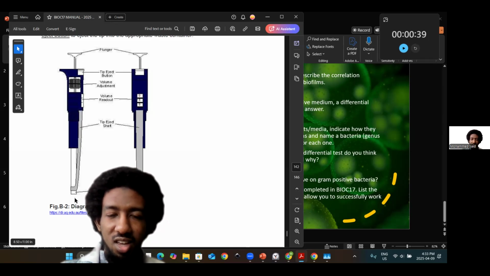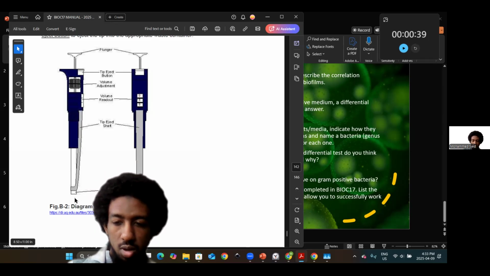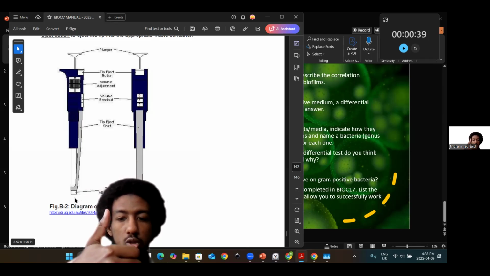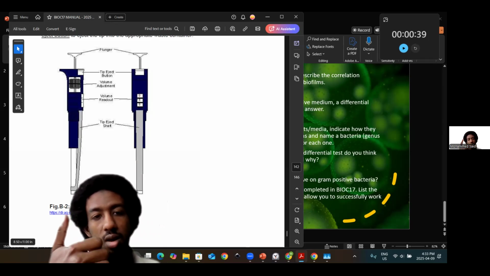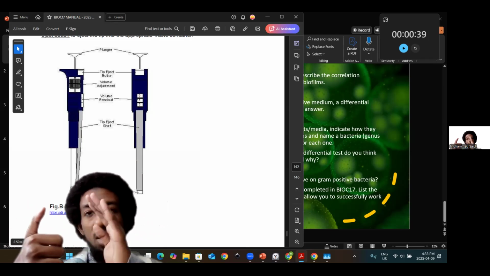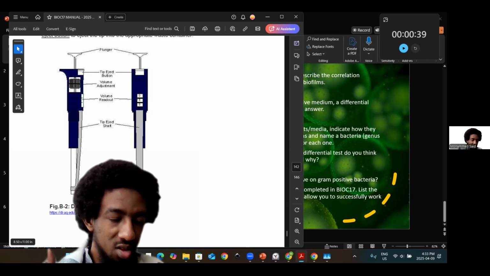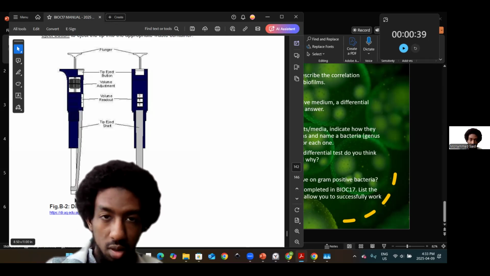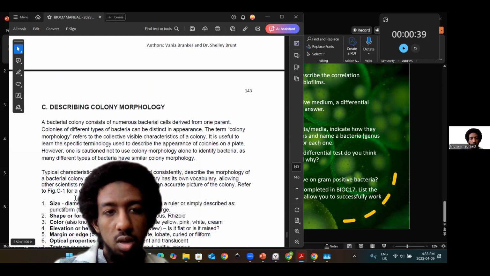It's kind of like inhaling and exhaling. In this case, you press downwards to exhale, and then you lift it up to inhale the media or the liquid of interest. And then when you go down, it's like a full, strong exhalation, going down to the second stop, so that you make sure you remove all of the liquid that you need to.